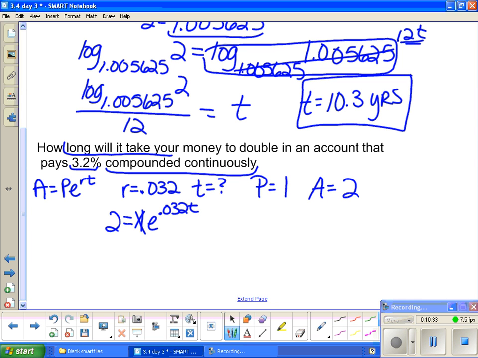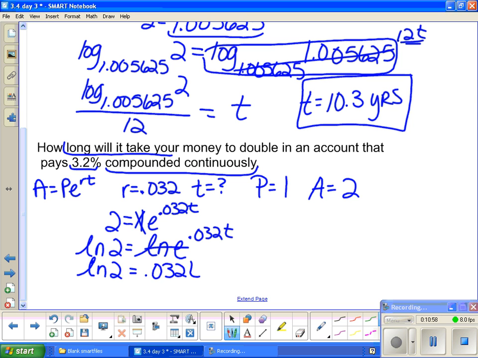Now, since it's base e, let's take the natural log of both sides. That simplifies, and the left side would equal natural log of 2 equals 0.032t.